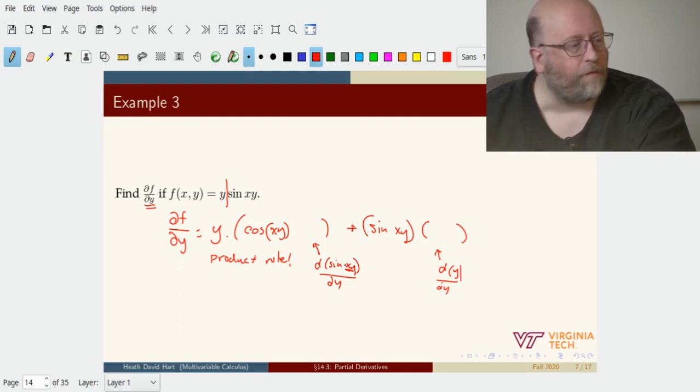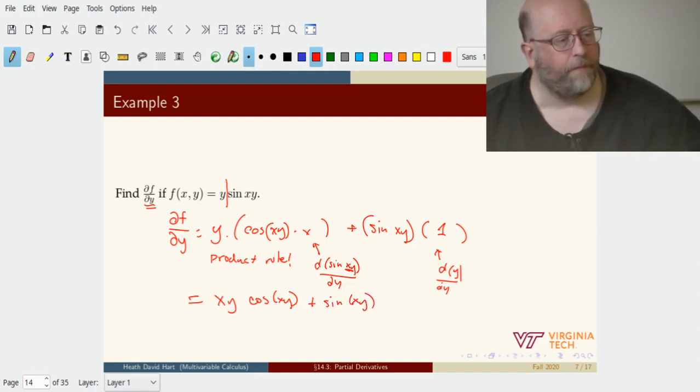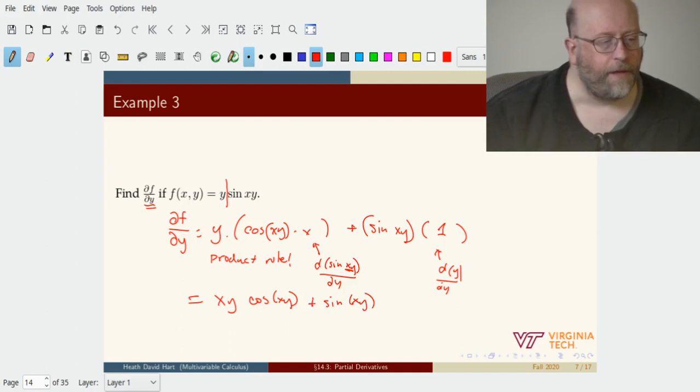So xy becomes x times 1, which is just x. This one's easier though. The derivative of y with respect to y is just 1. So we end up with xy cosine of xy. I'm just combining my x, bringing that over to the front, plus sine xy. Okay?